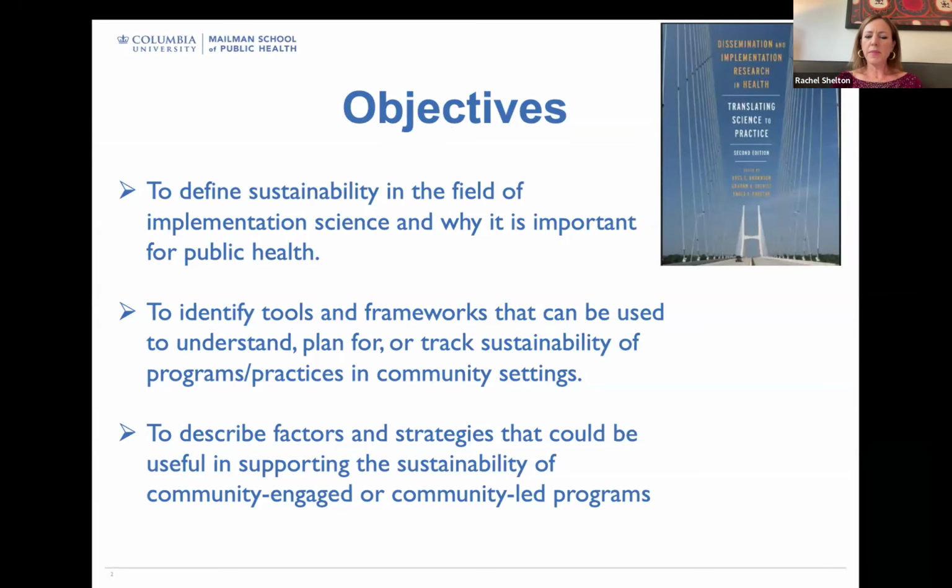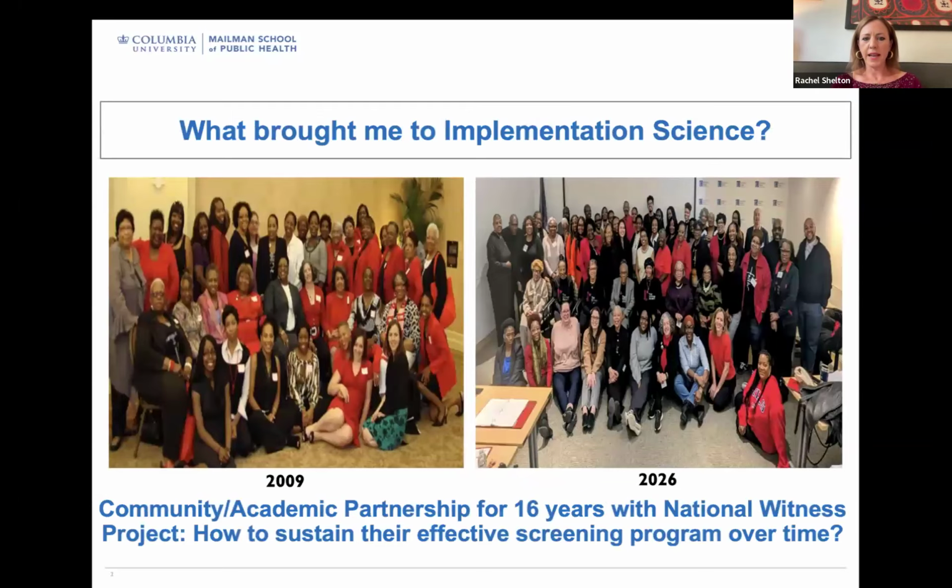And I'm hoping to give you some actionable tools and frameworks that you can use in your own work to think about, track, understand, and plan for sustainability, especially in community settings. And then we're going to think about some of what's known and some of the lessons learned in the field in terms of some of the factors and considerations in supporting sustainability of community engaged or community-led programs. So those are the objectives for today.